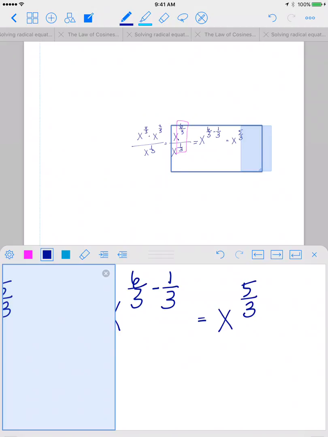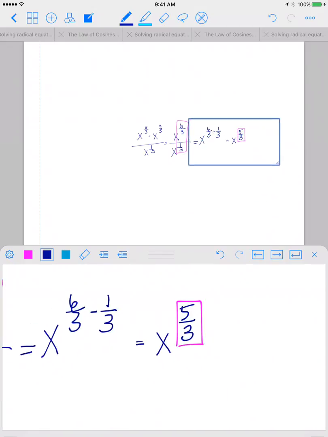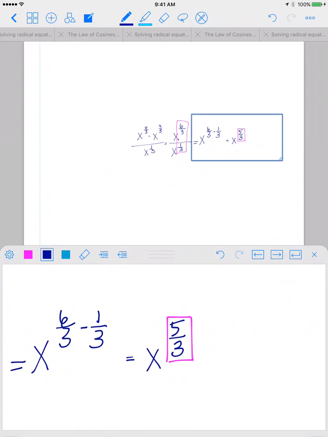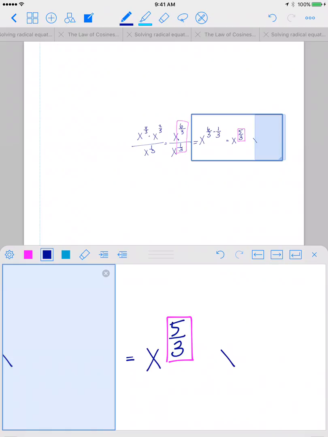And remember, because this is an improper fraction, then we can simplify this. A way that you can do this is you can say, how many times does 3 go into 5? Because that's how many groups of 3 x's you can take out, because we're looking for groups of 3 of a kind. So you would say, okay, well, that goes into it 1 full time, right? So that means we at least have a group of x's that we can bring out. Well, how many x's would still be left in your radical? Well, that would be 2 out of 5 still left in there.